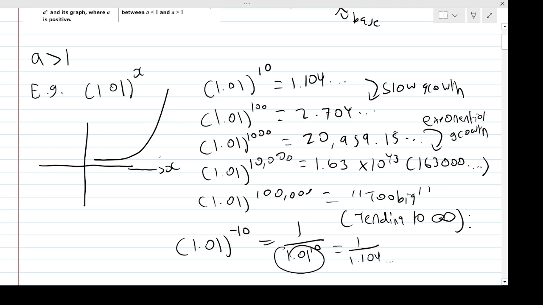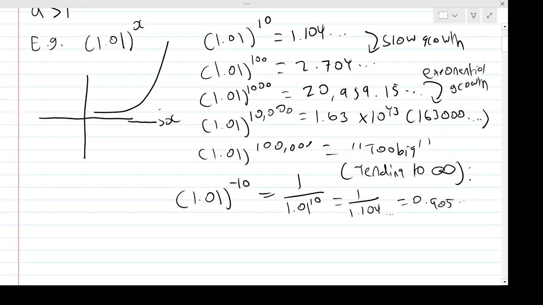And if we work that out, I get 0.905. So this 0.9 is less than 1.01. So what you will find is, as we have more negative values of x, conversely, rather than increasing, it decreases. The value we get is smaller than 1.01.